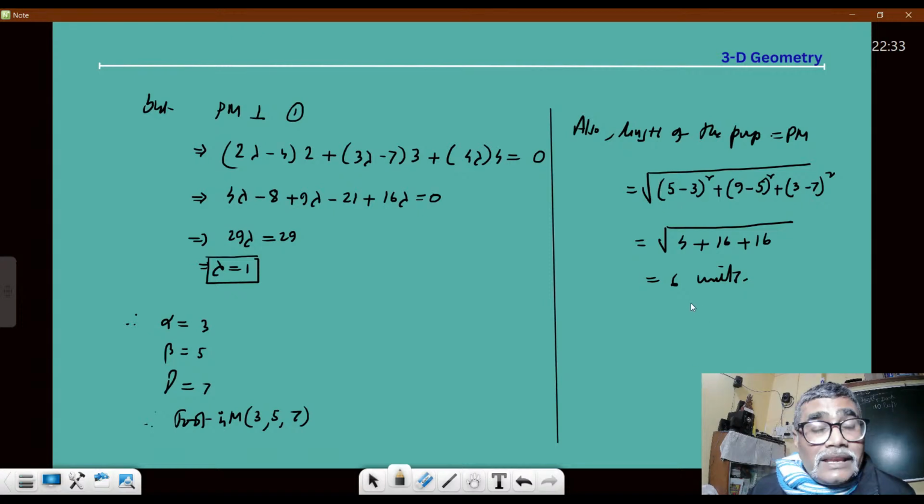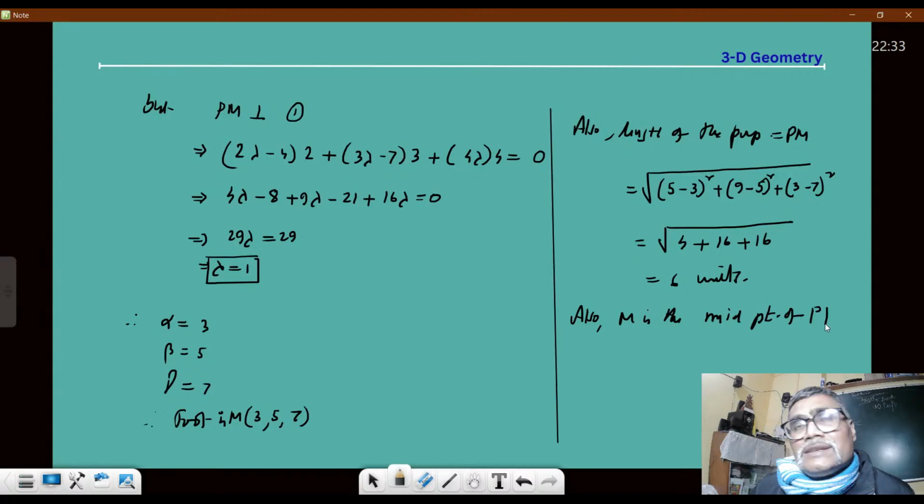And at last I need alpha dash, beta dash, and gamma dash. That is the image. Also you can write, M is the midpoint of PP dash.